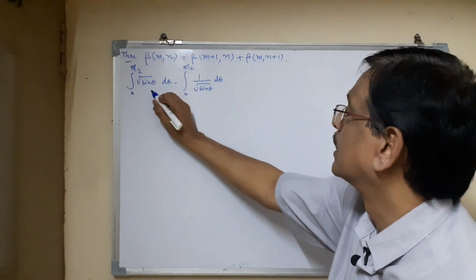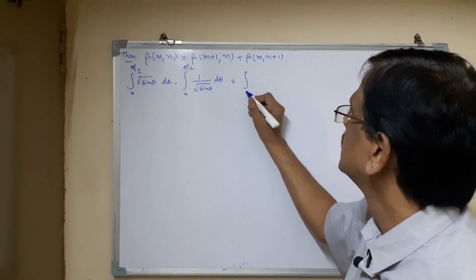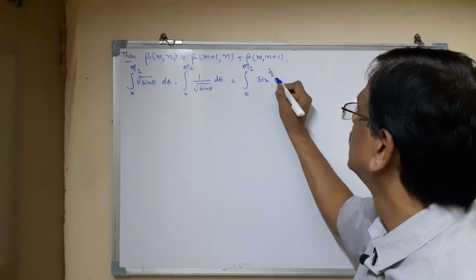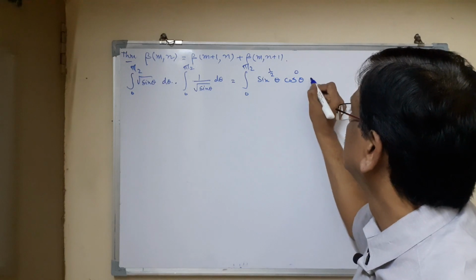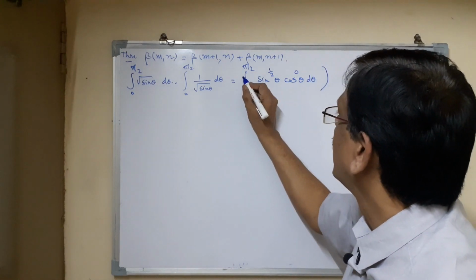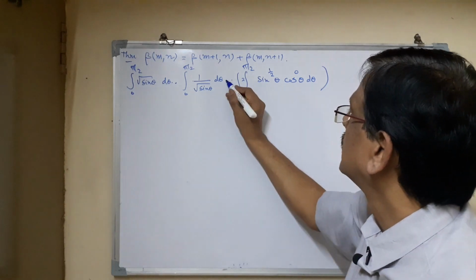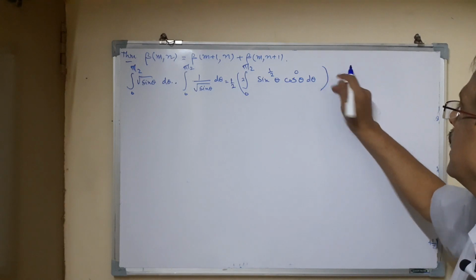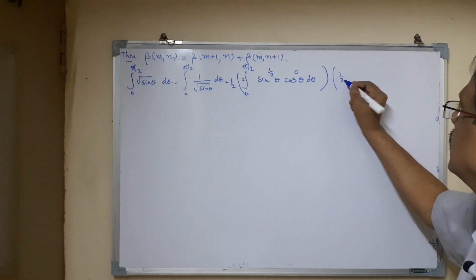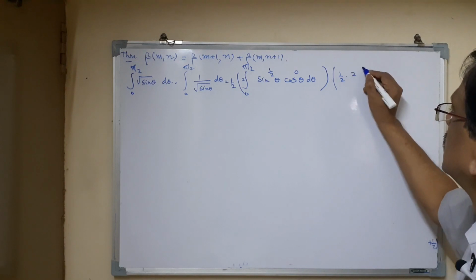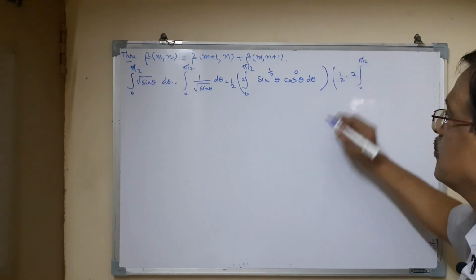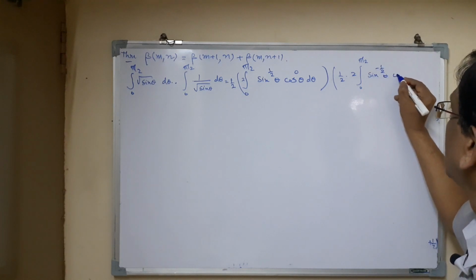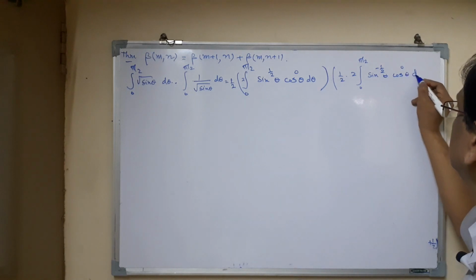So, I'll call it I1. Or simply you can write it like this, 0 to pi by 2 sine power half theta cos power 0 theta d theta. Of course, I have to put a 2 here so that I reduce it to the form of beta. Again, I will write 1 over 2 into 2, 0 to pi by 2. 1 by root sine theta is sine power minus half theta cos power 0 theta d theta.